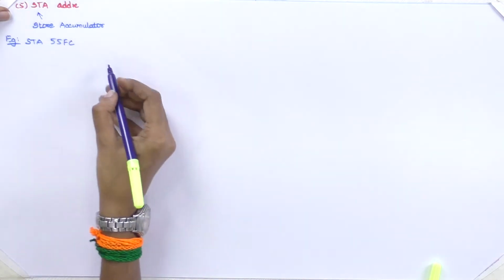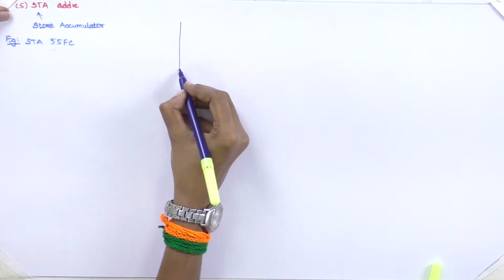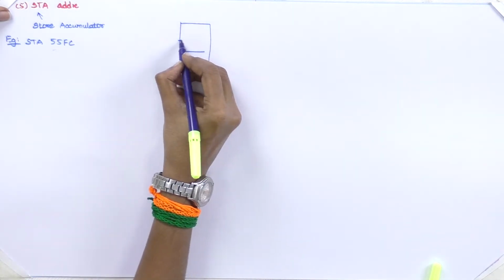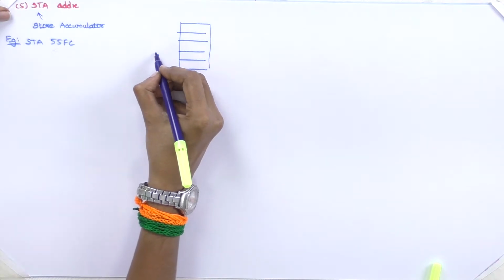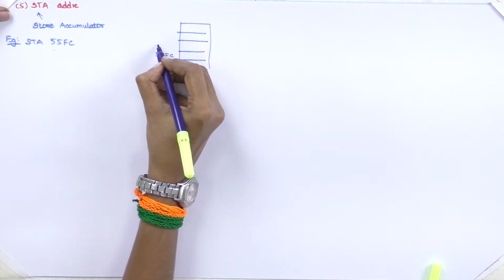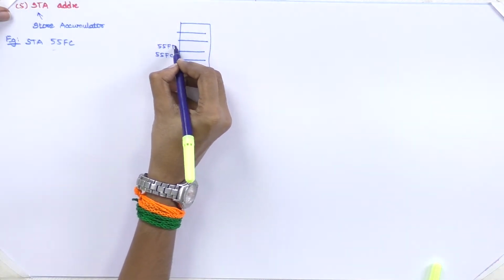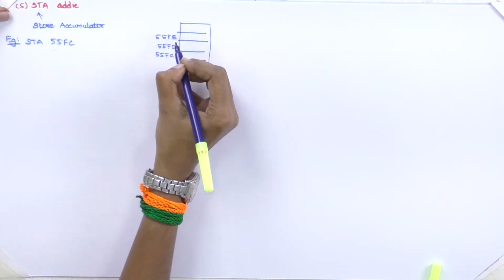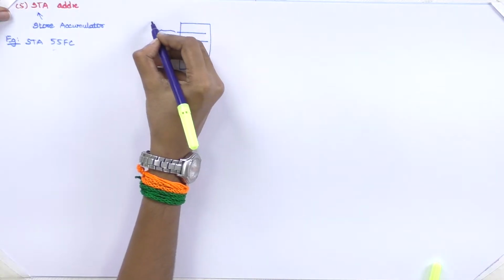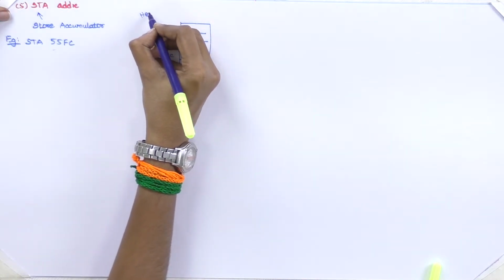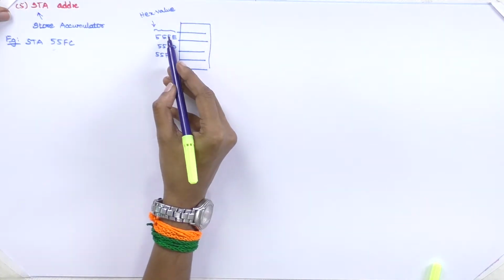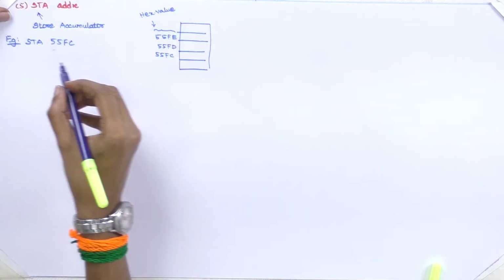So this would be the memory location. 55FC, 55FD, 55FE. These are all the hexadecimal values which I have already told you. See, the address values are hexadecimal values, not decimal values.